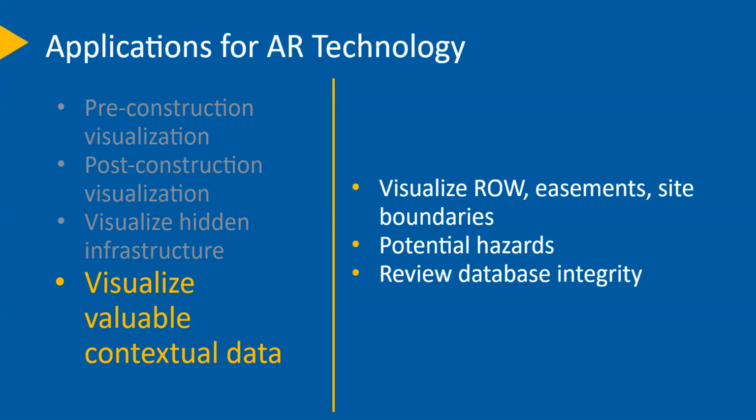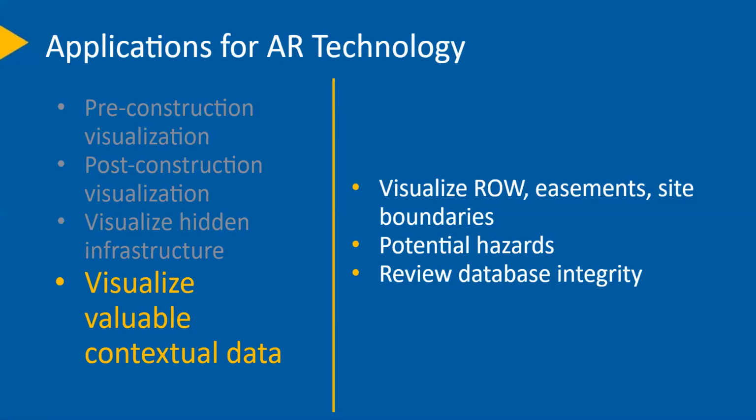Potential hazards, and even one great use of augmented reality, especially in the GIS world, is to quickly and easily determine whether or not your database actually matches what's in the real world. So just a quick review of database integrity can be provided to you by the use of augmented reality.